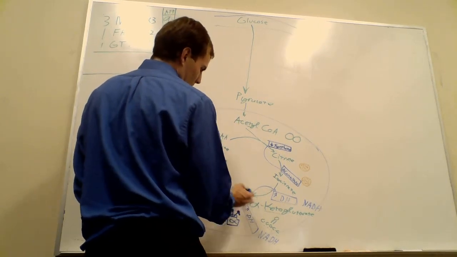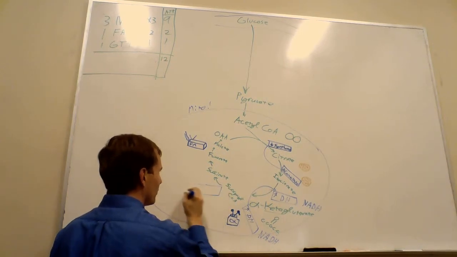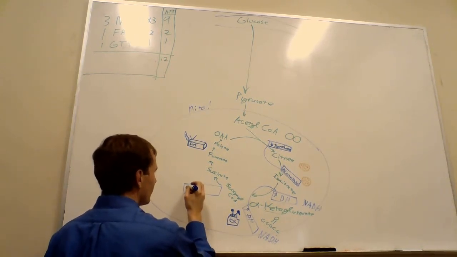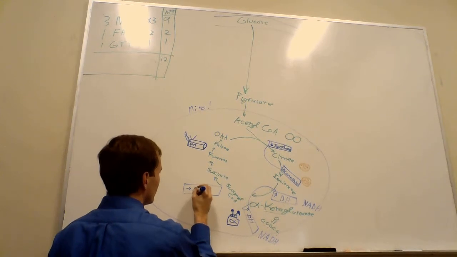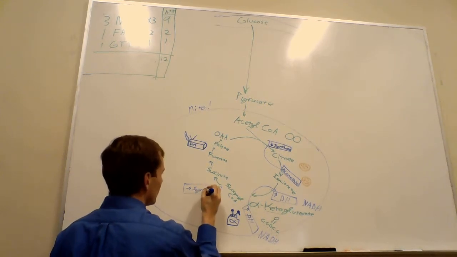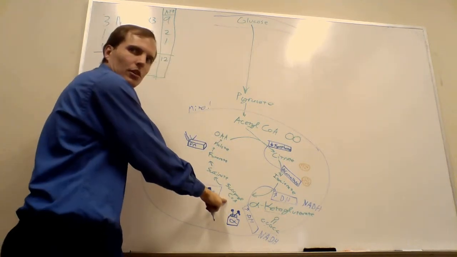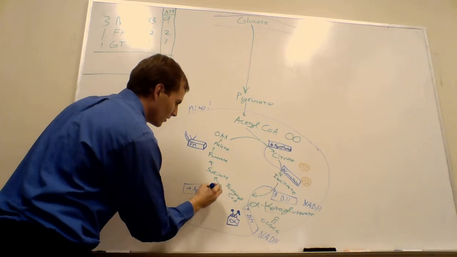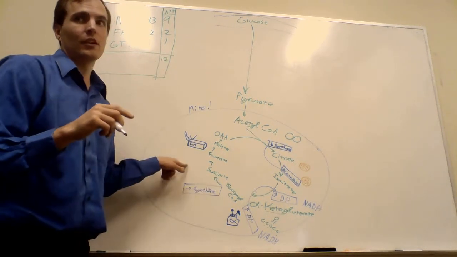And then coming off of succinyl-CoA, the enzyme between succinyl-CoA and succinate is going to be succinyl-CoA synthetase. But you'll notice we aren't making succinyl-CoA right here. We are actually taking succinyl-CoA and turning it into succinate.